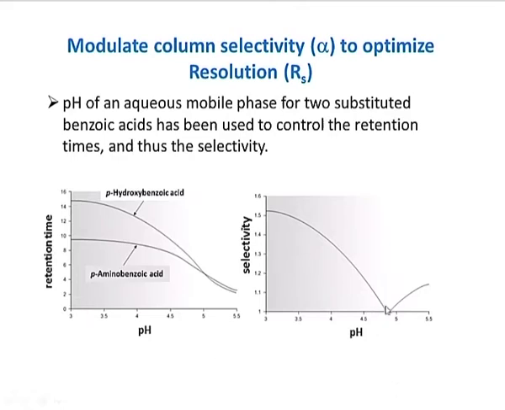Now, if you check their elution at a pH of 5, you see that the value of alpha, the value of selectivity is 1. It means there is no selectivity for any of the two components, both components are eluted at the same time. So, that is about their primary equilibrium established with the mobile phase, which is water, and the stationary phase. Now, what happens if we change the pH from 5 and we start to lower down the pH?